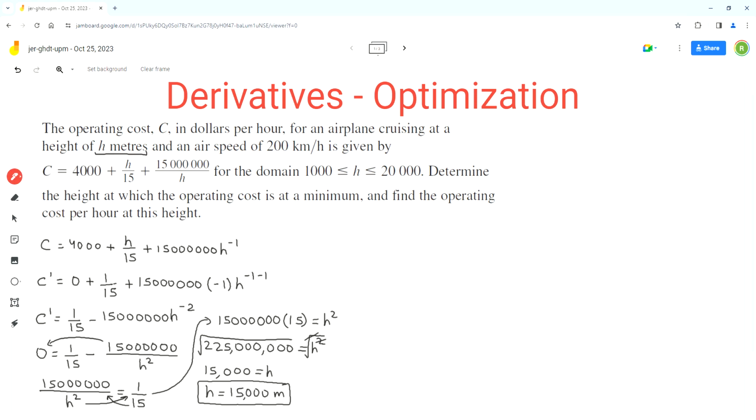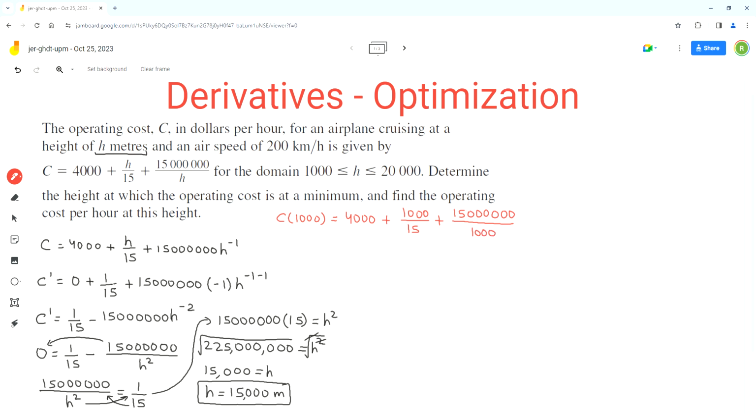For C at 1000, we'll sub in h as 1000 in the C function. So it's 4000 plus 1000 over 15, and then plus 15 million over 1000.